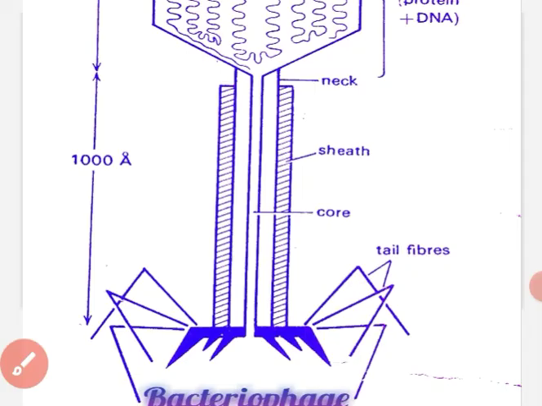Next slide. Here is a detailed diagram of bacteriophage.